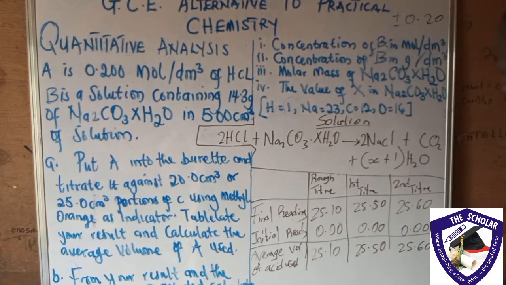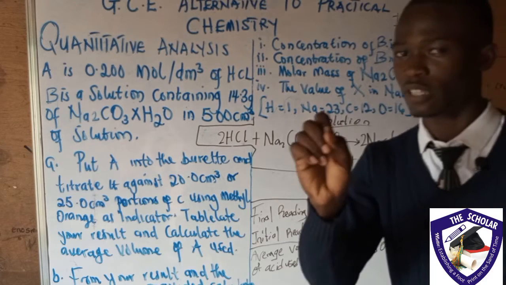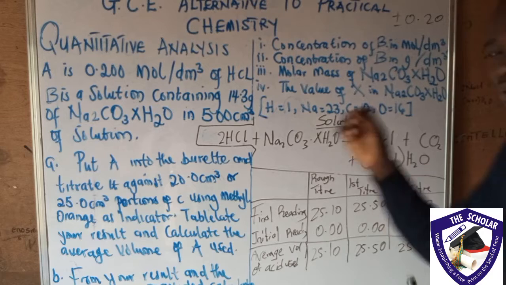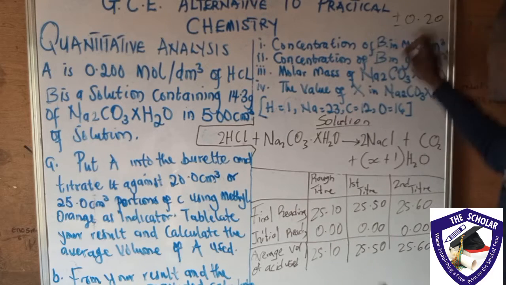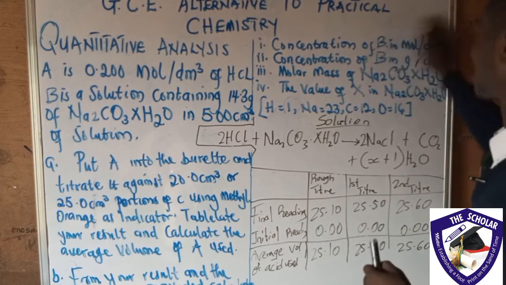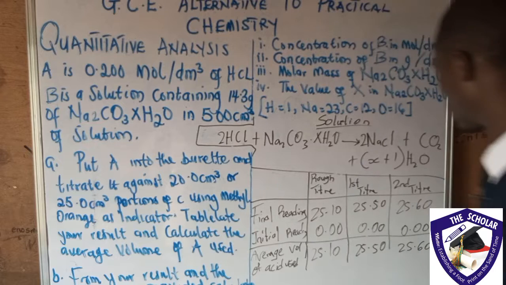Which means if your first titer is 25.50, then your second titer should not exceed 25.50 plus or minus 0.20. If you are within this range, then you are still on track. But this is a GCE class, so let's go straight to the point.